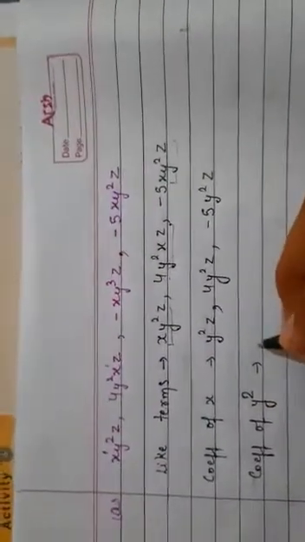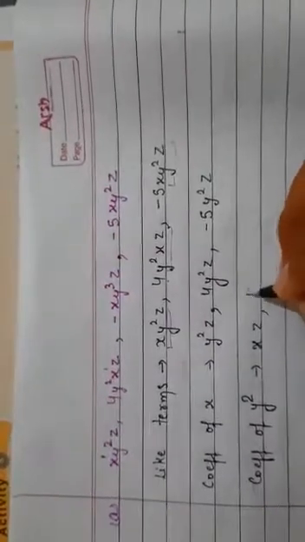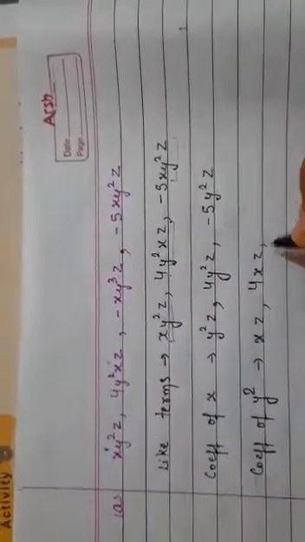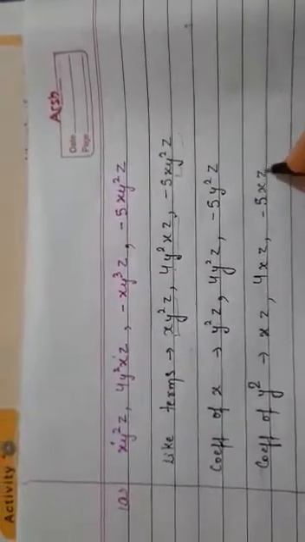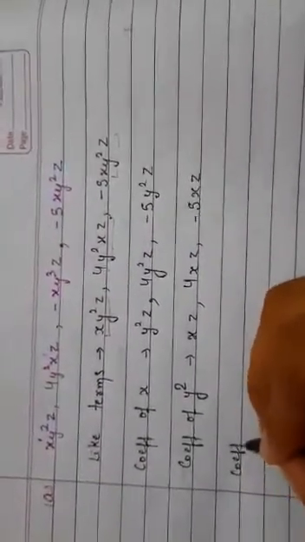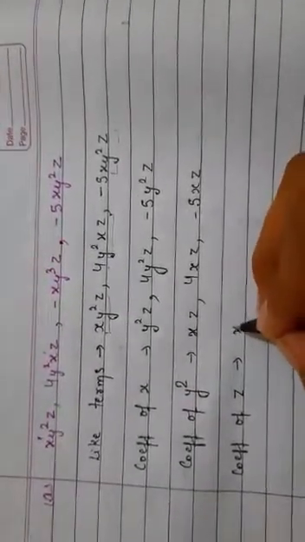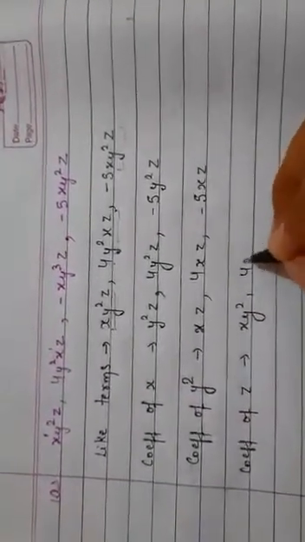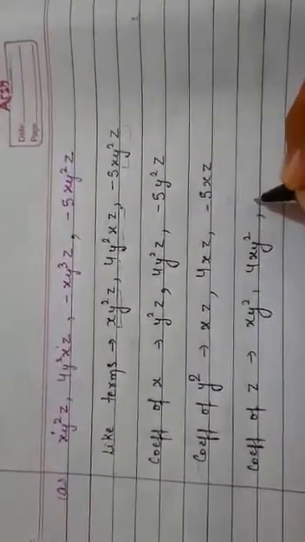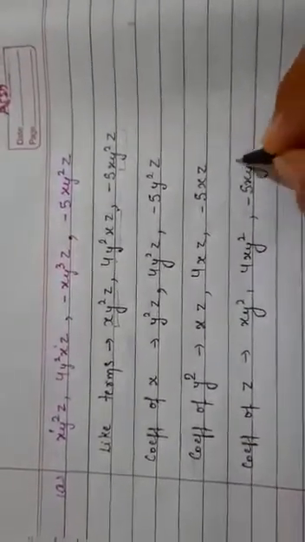So what we will write is xz: 4xz, minus 5xz. Next we have to write the coefficient of z. So it is xy square, 4xy square, minus 5xy square, which means we have to write it for each term.